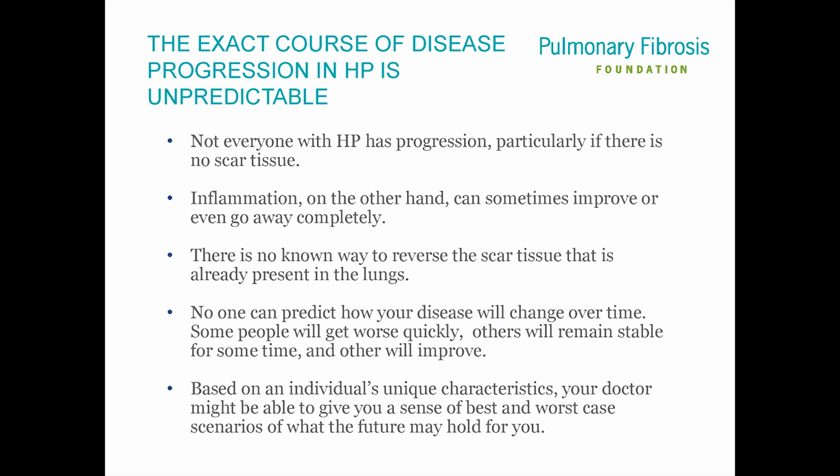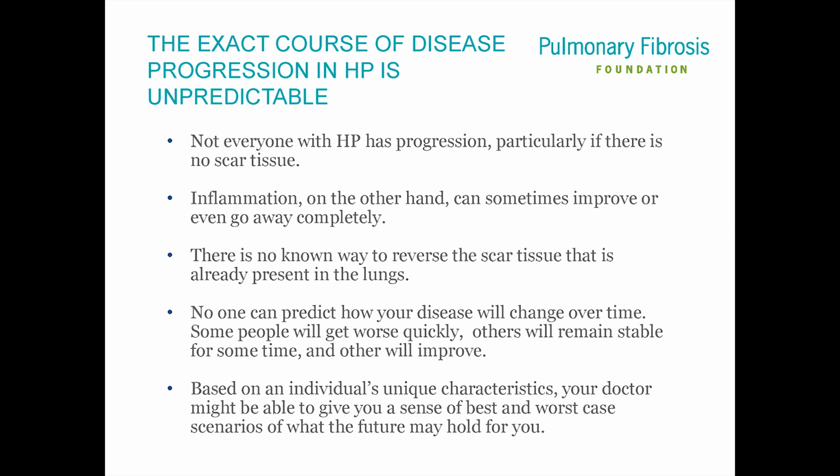I've seen many people who have chronic HP, meaning they have the scar tissue there, where we've treated any inflammation that's there, and we've removed the trigger, which could have been mold or something else in the home. And yet, their disease progresses even though we've gotten rid of the trigger and even though we're treating the inflammation. And I would say that this is actually more common than not.